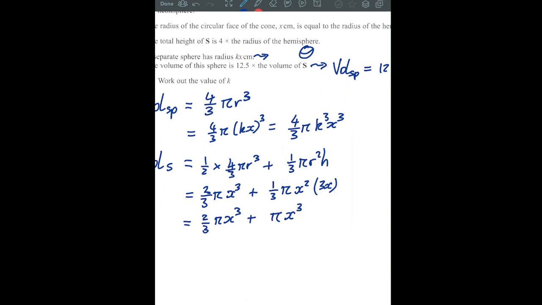Probably pi is going to cancel later on. So if you actually work out what 2/3 of pi is, you're making your life a lot harder. Now, if we do look at these two terms, they're both pi x cubed. Well, this one is 1 pi x cubed. The other is 2/3 pi x cubed. So in total, 2/3 plus 1 is 5/3 pi x cubed.